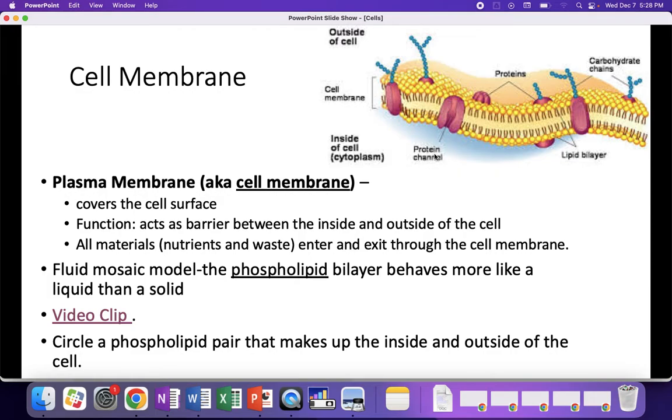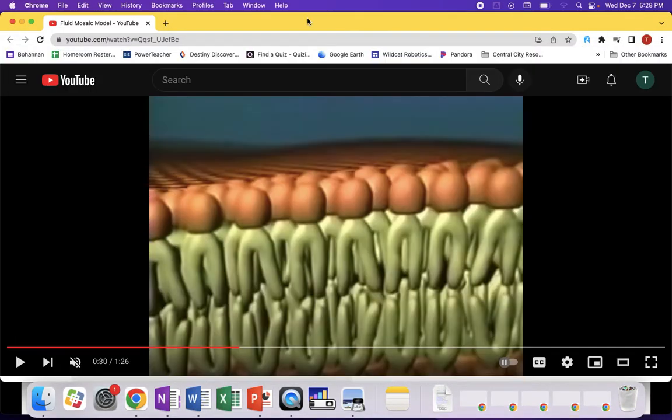And that is why we have things like protein channels, this here, that allow a passageway to send things in and out of the cell that would not normally be able to pass through the cell membrane itself. We say that the cell membrane follows a fluid mosaic model, and what that means is that it's more liquid than solid. So I have a quick video here that I'll show you part of.